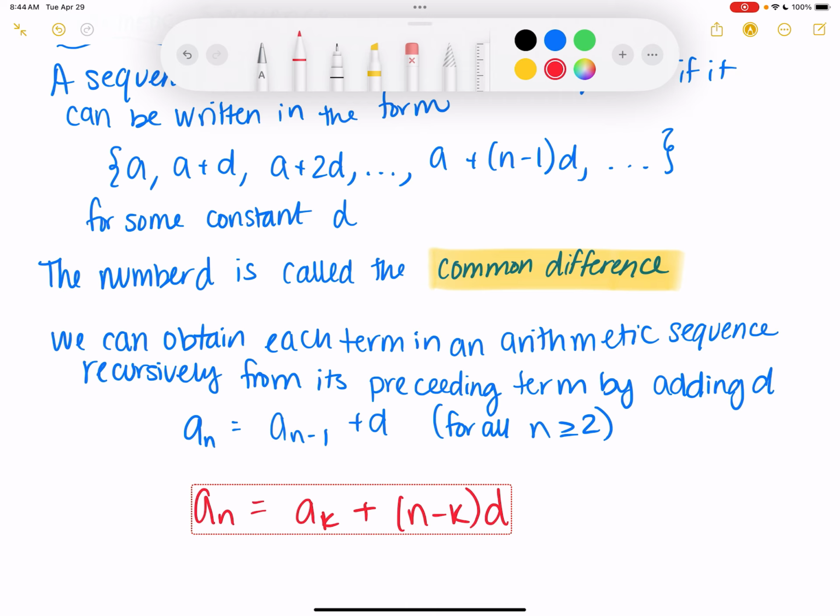If I don't know the previous term, but I know the first, second, third, whatever term, I can use this last one. So this one will always work. If you want the 100th term, I would not recommend using the blue one. I would use this one in red. And obviously as we do examples, it will make more sense as well.